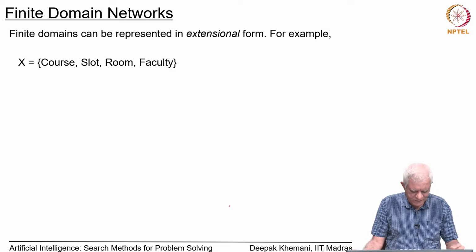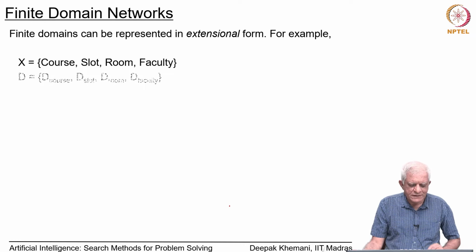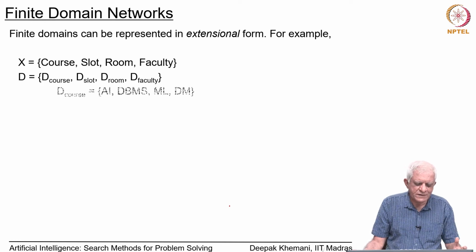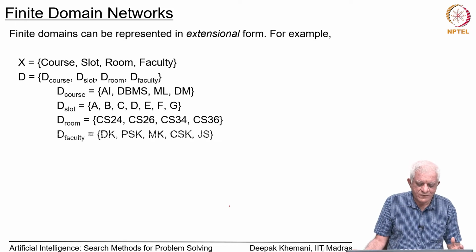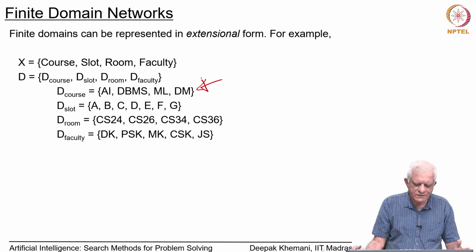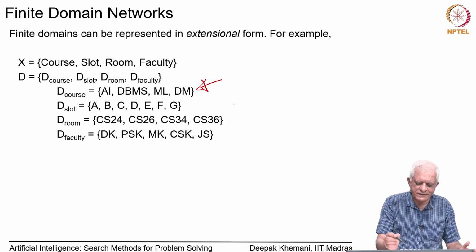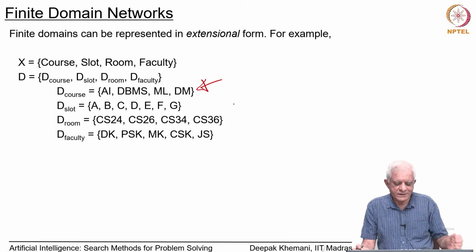So, these are the 4 variables, and the domain of course is the set of courses, as you can see here. The domain of slots is the set of slots. So, for example, the slots may be named as A, B, C, D, E, F, G slots, and rooms a set of rooms, and faculty a set of faculty.